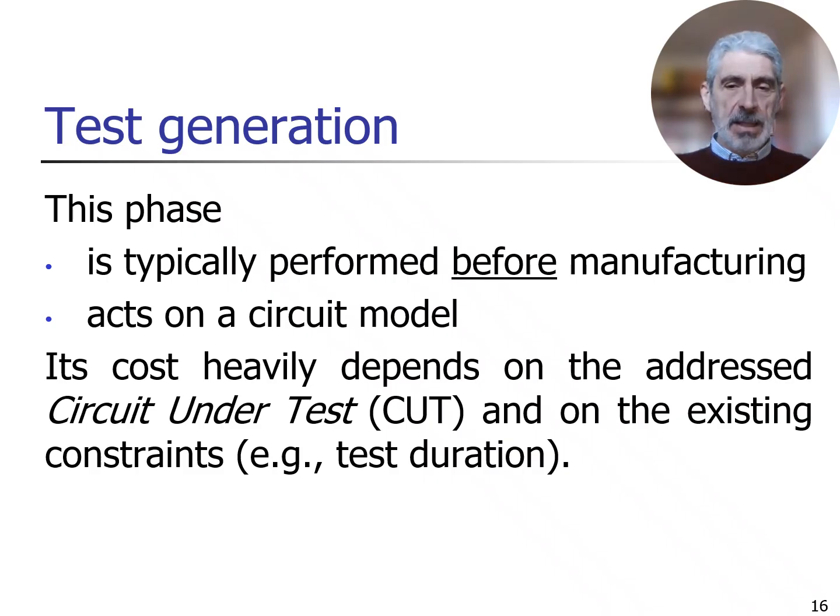The test generation phase is typically performed before manufacturing, acting on the circuit model, which represents in a very accurate manner the circuit which will be manufactured. Using this model, we will be able to generate a list of faults and to generate proper stimuli able to detect all or most of them when applied to the circuit under test.